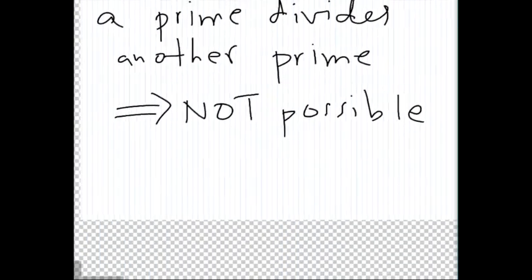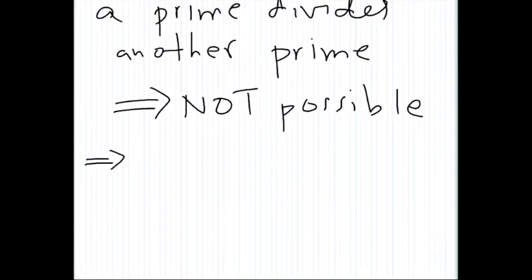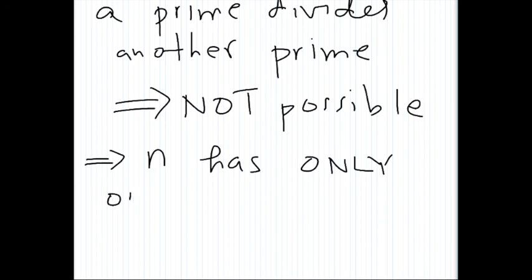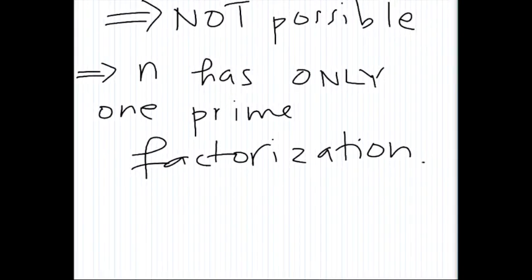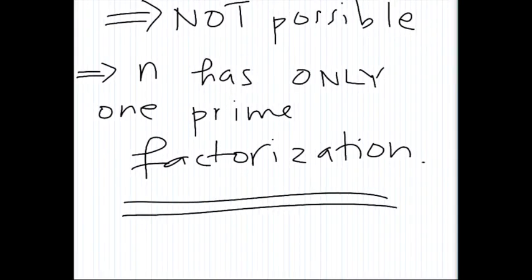So this means n has only one prime factorization, or you can say a unique prime factorization. This result is very important to understand, especially in discrete math.